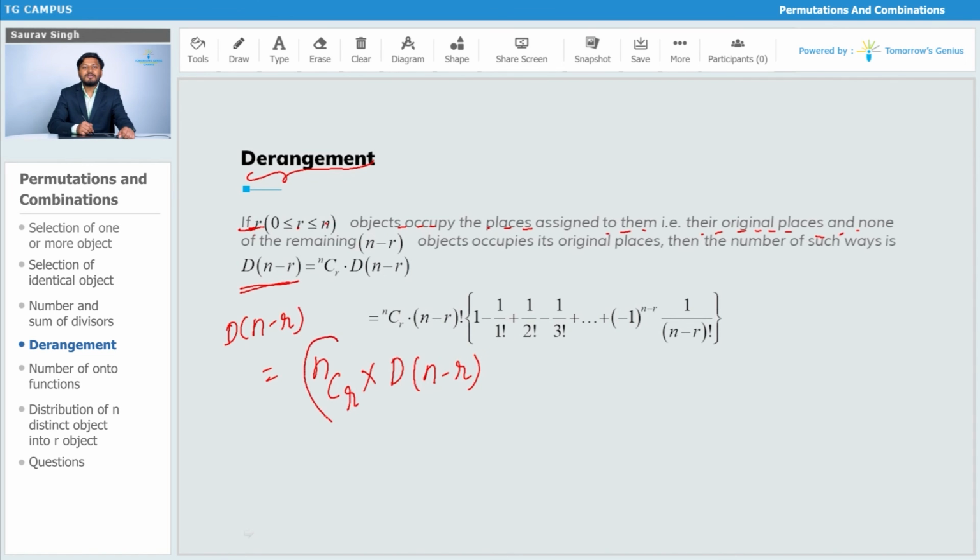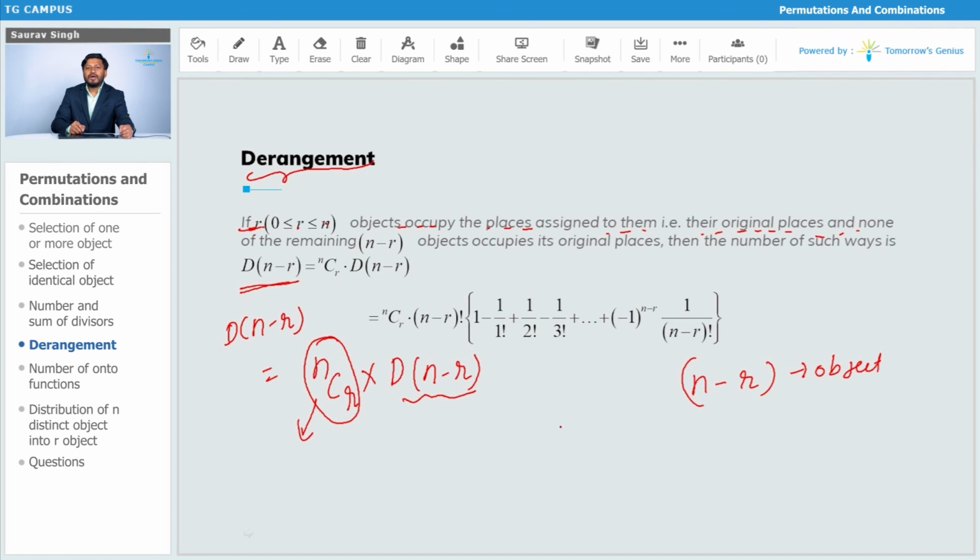So nCr means we have to select those r objects out of n objects which we want to place correctly. That can be placed correctly in one way, but for selecting them we have nCr ways. Now D(n minus r) means we have to make derangement of n minus r objects.